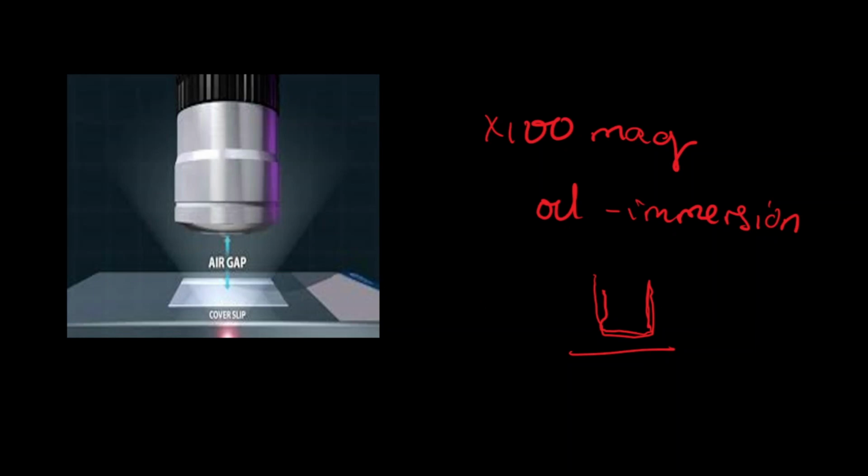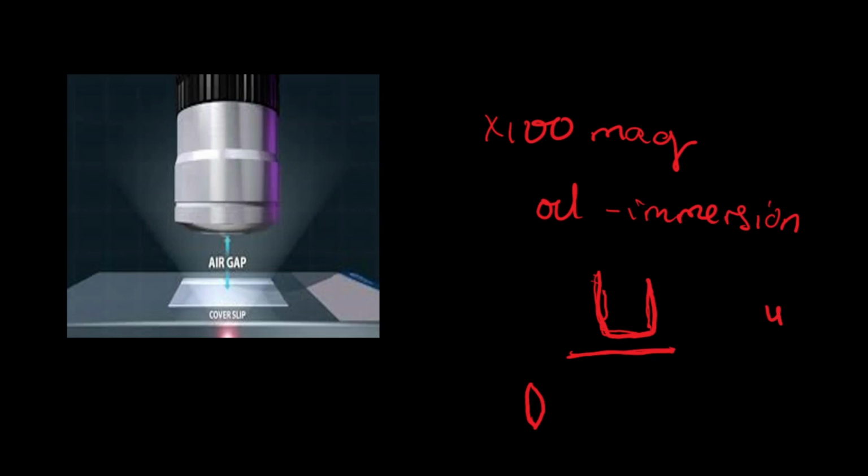Okay, now because of the close proximity of the objective lens with the slide at times 100 magnification, the accommodation for refraction is somewhat reduced. Okay, so from physics we know that a certain object distance is needed in order to create a certain magnification.